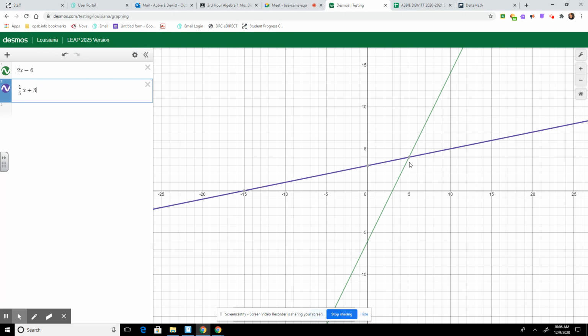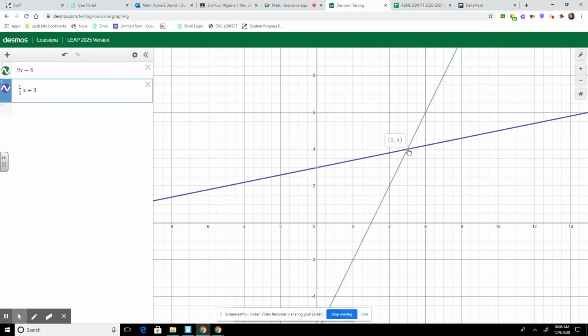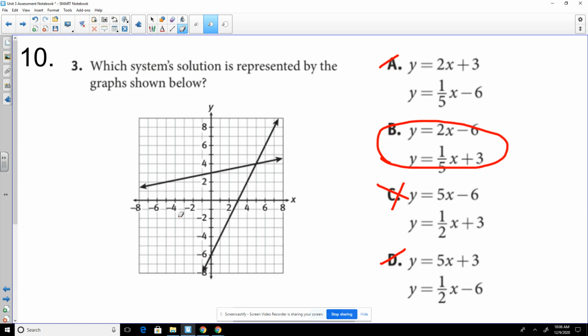So there's my graph, and if I zoom in, I'll see that my intersection point is at 5, 4, and I have a line that is positive and a line that is positive, and they intersect at 5, 4. So looking at my problem, I have a positive line, intersecting at 5, 4. Okay, so as long as you can match the graph in Desmos to the graph on your paper, you should be able to get number 10 correct.